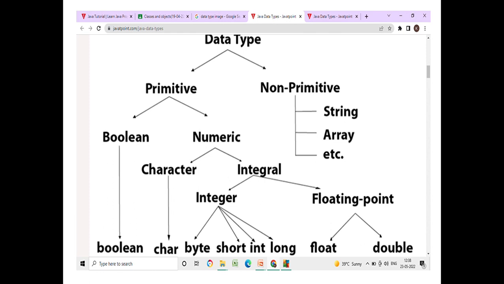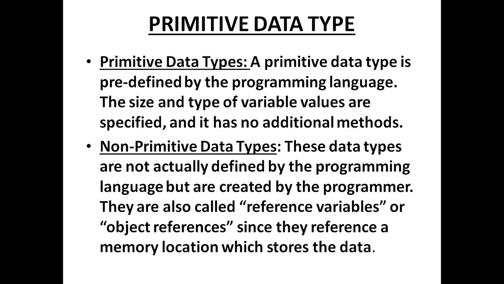Okay, what is byte, what is short, what is int, what is long, what is char, and how many bytes are used in these data types? Okay, I will show you. Okay, next, primitive data type.